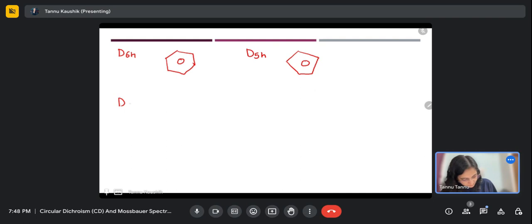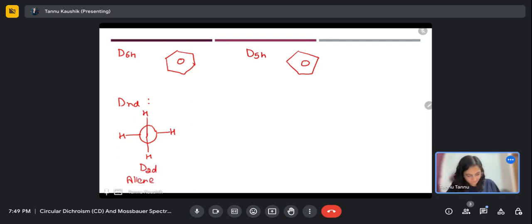then D and D dihedral point groups. This is basically kind of a lean type of molecules.